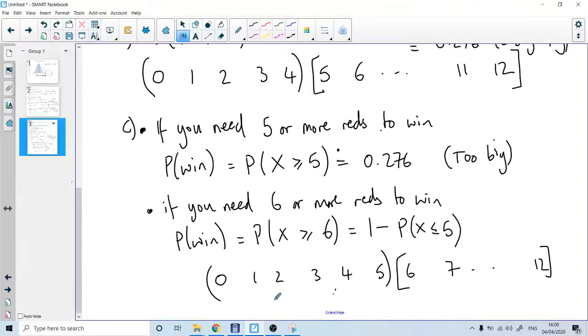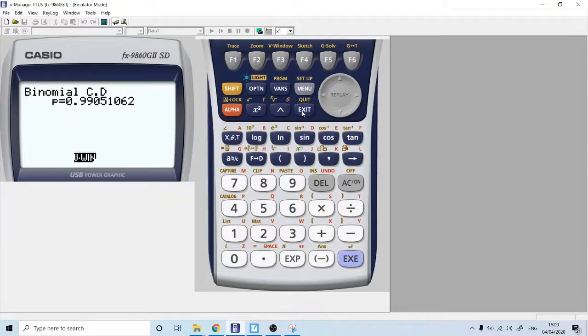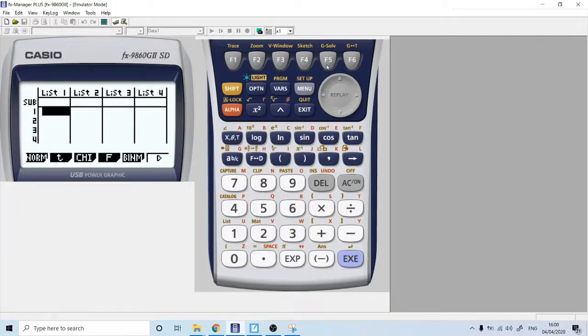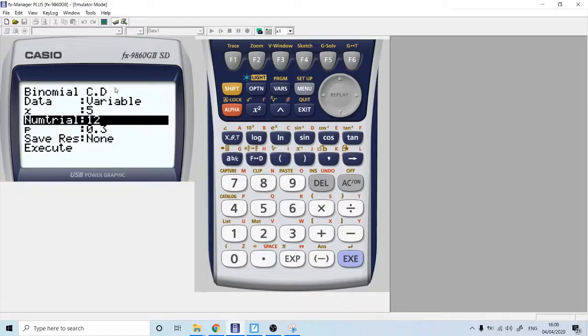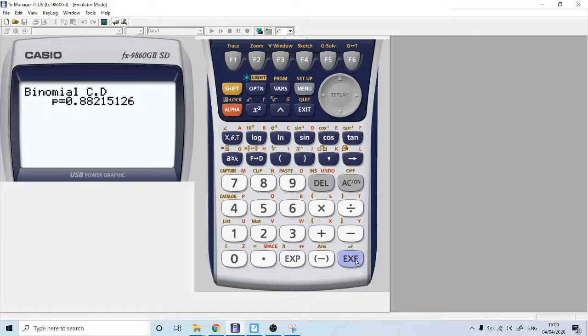So let's work out what that probability is in our calculators. We're going to go to distribution, binomial, cumulative, and I'm going to put X as 5. Make sure it says CD at the top for cumulative. Now, when you're on the cumulative mode, that's going to add up all the probabilities starting at 0 and ending at 5. So if we work that out, we get that probability there.